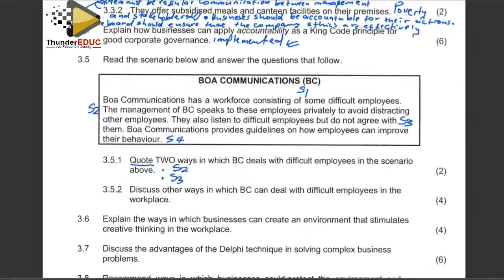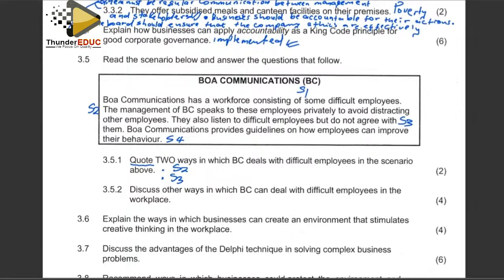Remember, grade 12, you don't write S1, S3, but you write the sentence exactly the way it appears in the scenario. Okay, right. So now let's move on to 3.5.2. Discuss other ways in which BC can deal with difficult employees in the workplace.